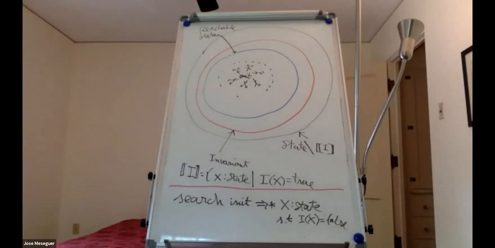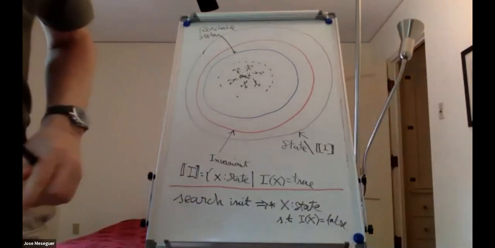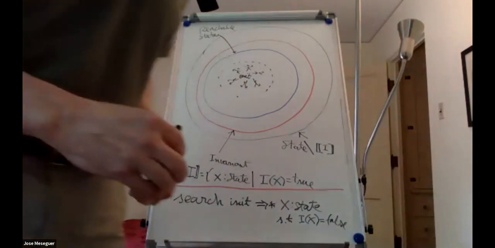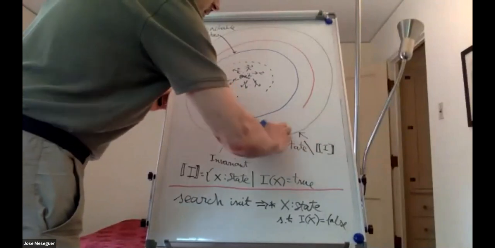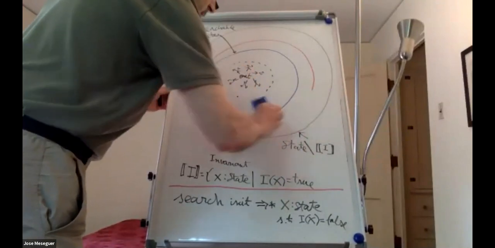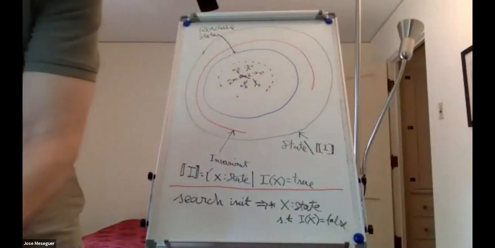What does it mean the invariant is violated? It means that it doesn't look like this, but it looks like that.